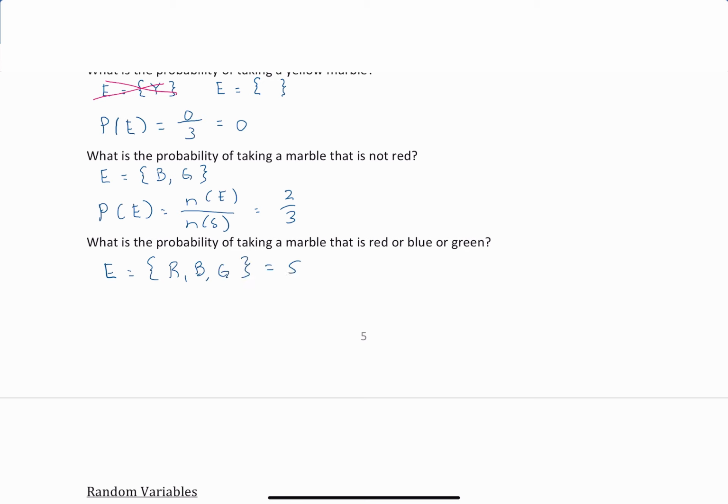So we can either do this by saying the probability of E is n of E over n of S, which is 3 over 3, which is 1, or we can just say the probability of E is the same as the probability of S, because E and S are the same thing, and we know the probability of getting an outcome that's in the sample space is 100%, because there's no other possibilities.